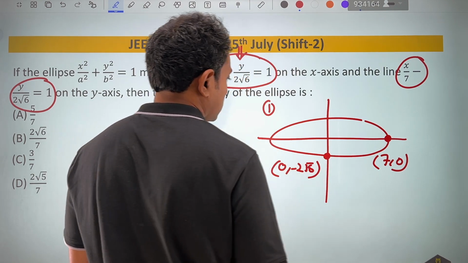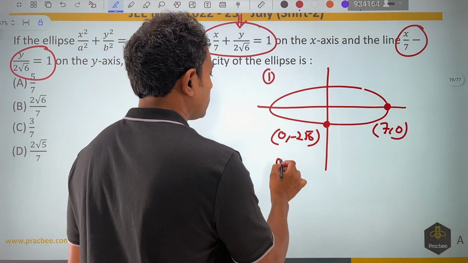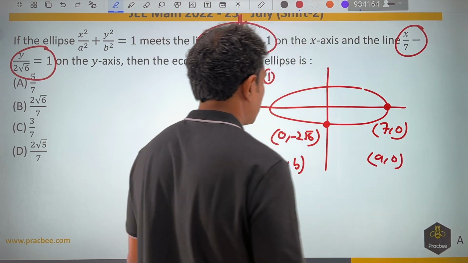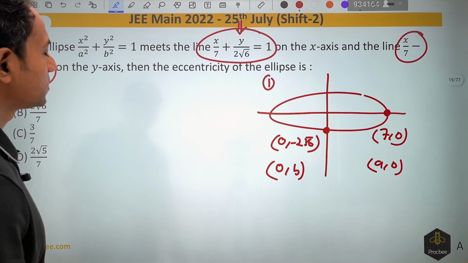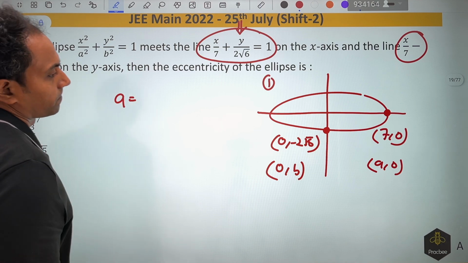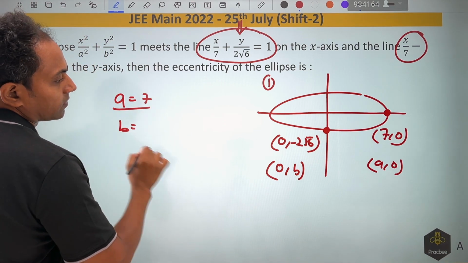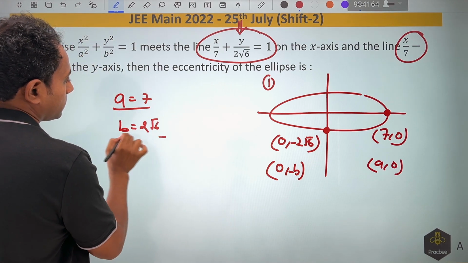This is given to us. Now you can see that this point will become 0 comma b. This point will become a comma 0. Let us put it in the equation and figure out the answer. So you can see that you have got the value of a. A would be nothing but 7, and this is minus b. So b will come out to be 2 root 6.